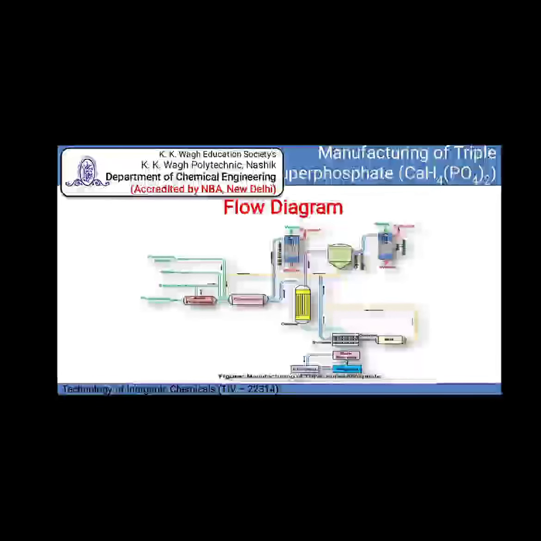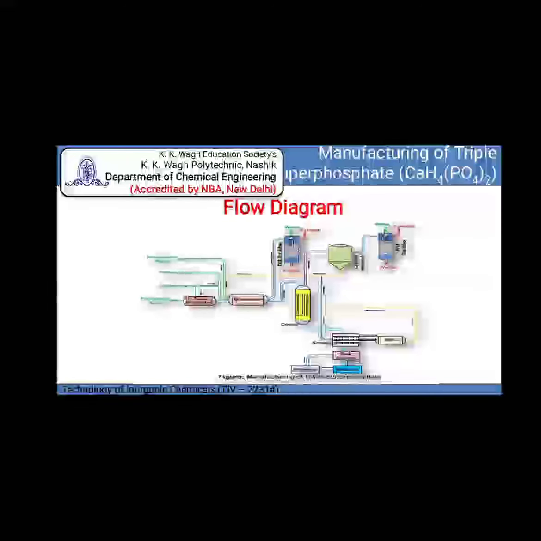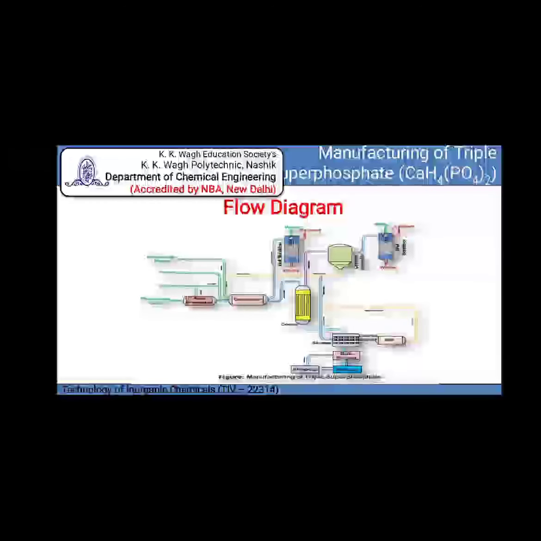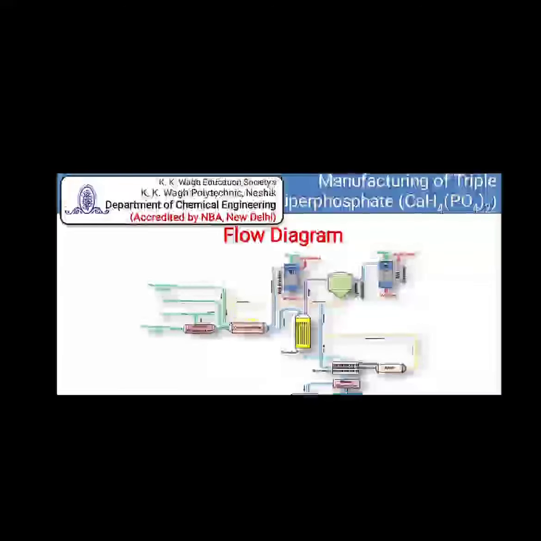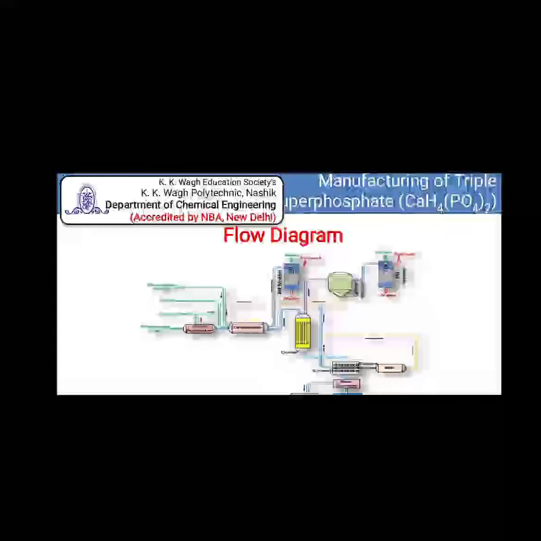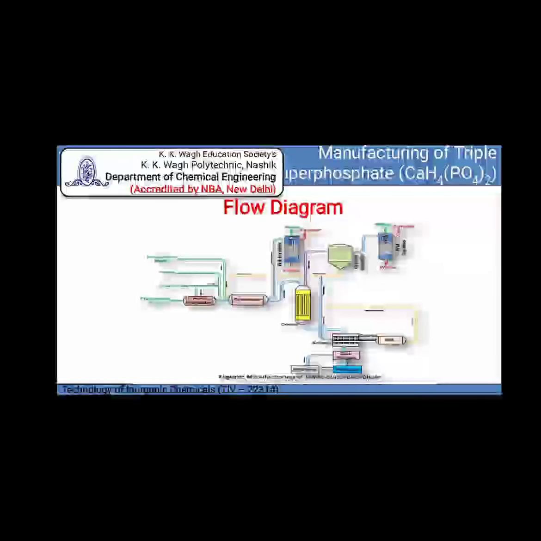As shown in this flow diagram, the phosphoric acid is preheated in acid preheater and fed to a granulator with phosphate rock and water. It is also supplied with a steam.